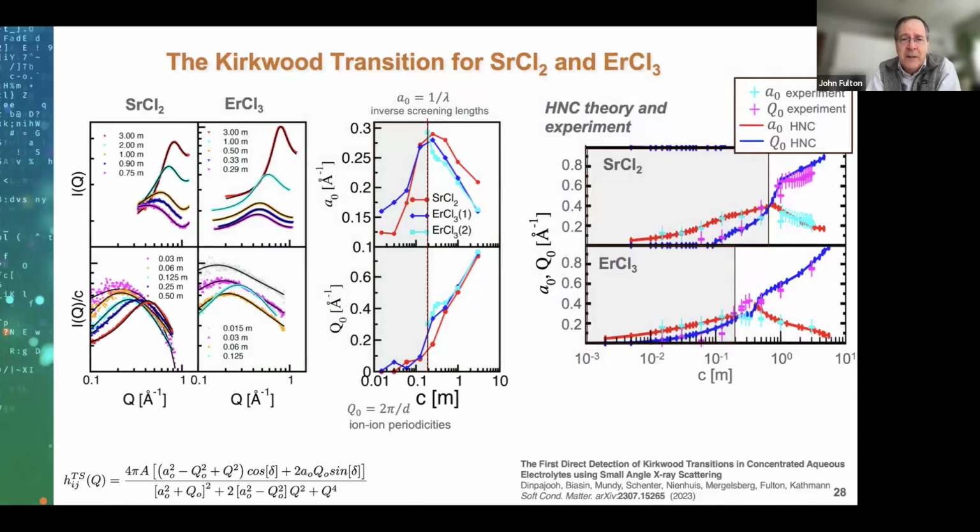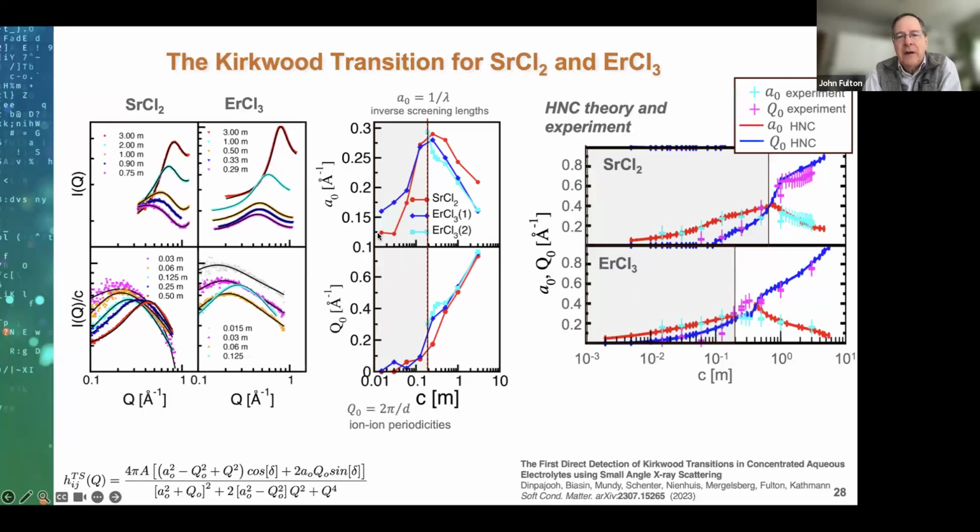We've done measurements of strontium and erbium chloride. This is the experimental data showing the transit of the pre-peak as a function of concentration for both strontium and erbium chloride. And this is a plot showing how the A naught changes.